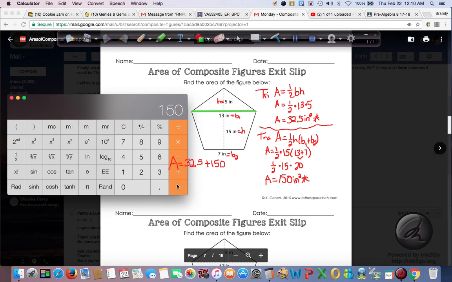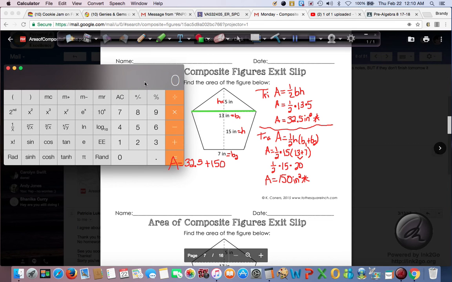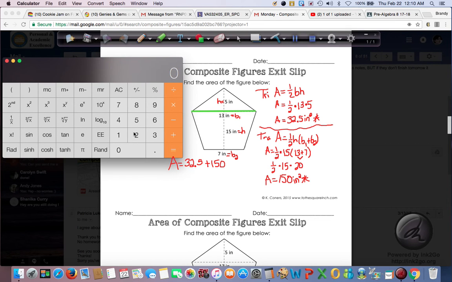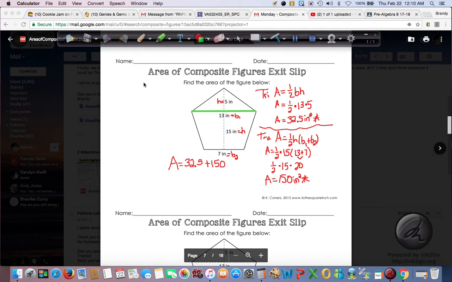This obviously will not take nearly as long when you're doing it on your own and don't have to listen to me talk. 32.5 plus 150, you get 182.5. So here we go. The area of the big trapezoid is 182.5 inches squared.